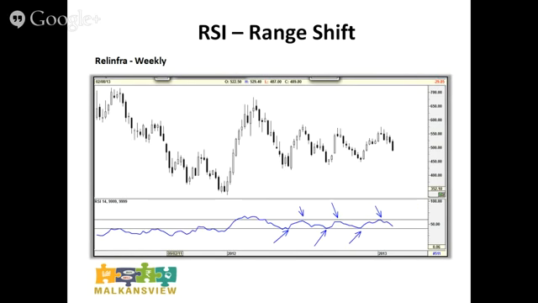Again, look at this chart, which is the weekly chart of Reliance Infra. Now, as per the price, what it is forming is a pattern called a triangle, with lower tops and higher bottoms, and the same thing is indicated on RSI. It does not cross 60, it does not cross 40. 40, 60, 40, 60, three times, and that's a complete triangle.